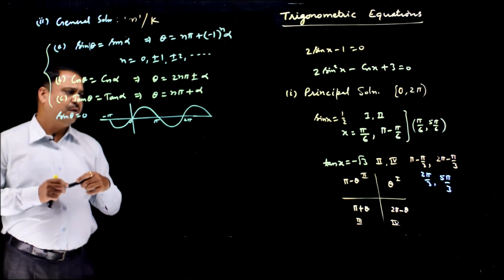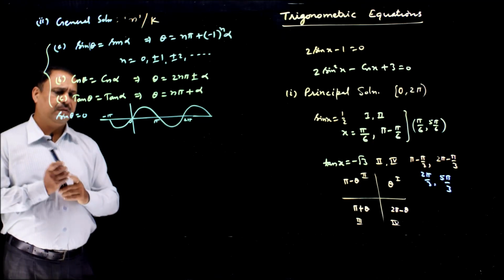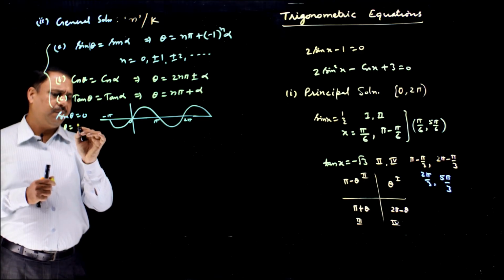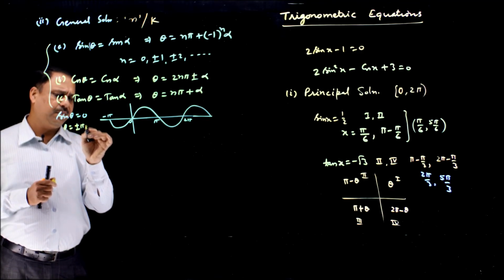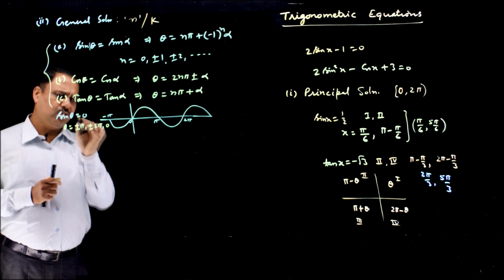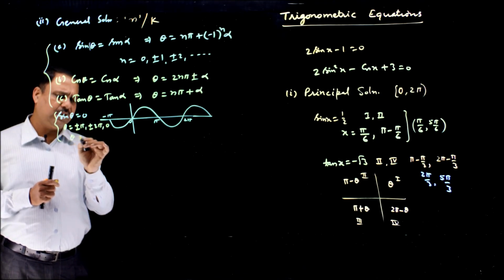Where is it 0? At pi, 2 pi. So theta is equal to plus minus pi, plus minus 2 pi, 0, etc. So the solution of this is theta is equal to n pi.